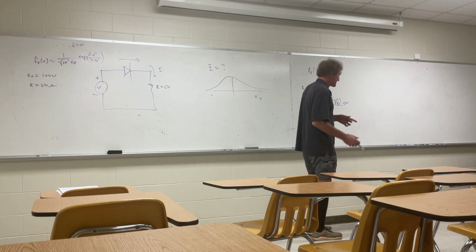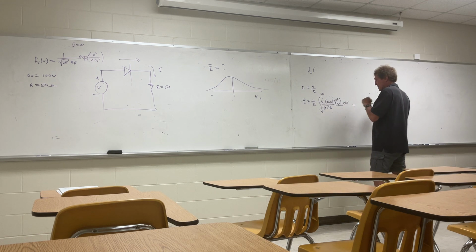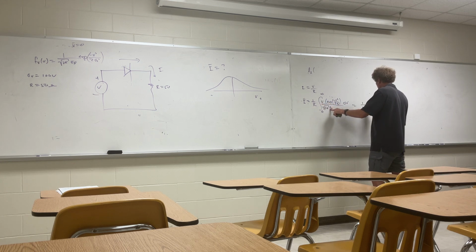Now take a look at what this is actually going to be, and I'm going to break out some stuff here. So I'm going to take 1 over R, and then divide that by the square root of 2 pi. Here's where I'm going.